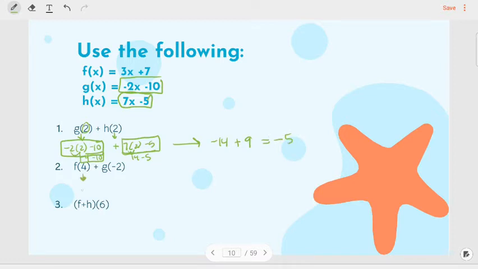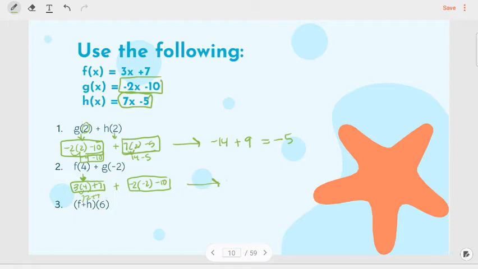So f of 4 is 3 times 4 plus 7. I'm going to replace the x in my equation with the 4, plus g of negative 2 is negative 2 times negative 2, minus 10. I'm going to simplify both of those parts. 3 times 4 is 12, plus 7, 12 plus 7 is 19.